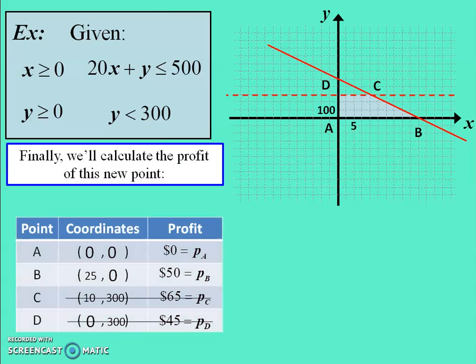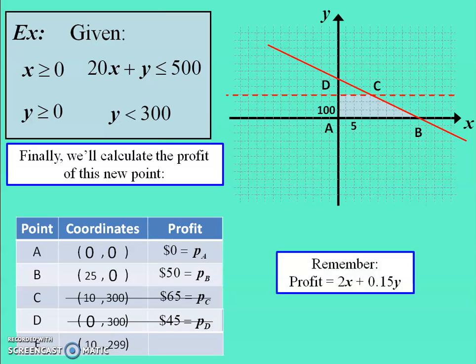So the question would be, what would the profit be at that new point if we tried 10, 299? In this original example, the profit had been $2 for each calculator and 15 cents for each pencil. If we plugged in these values, then rather than $65, we would have gotten a profit of $64.85, which still beats B, and it's very close to what the previous max was.